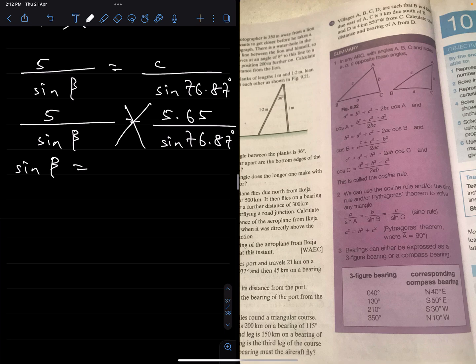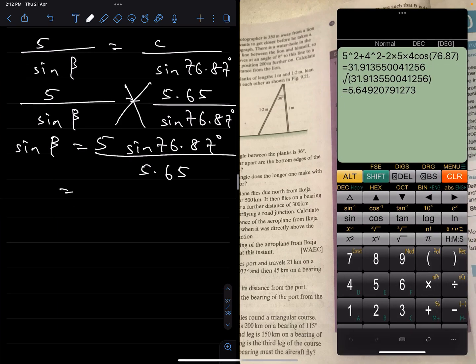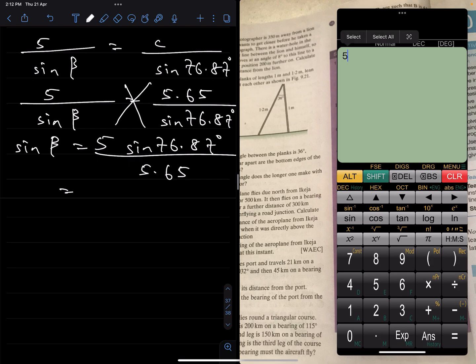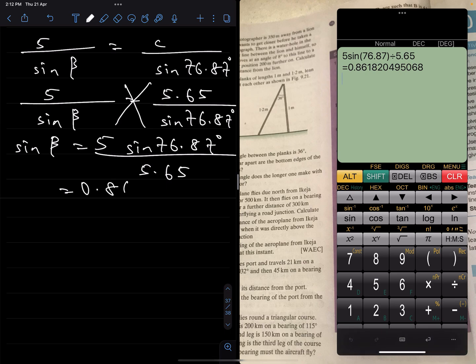Now, if I cross multiply and make sine beta the subject of the formula, we get sine beta equals 5 times sine 76.87 degrees over 5.65, and that's 0.8618.